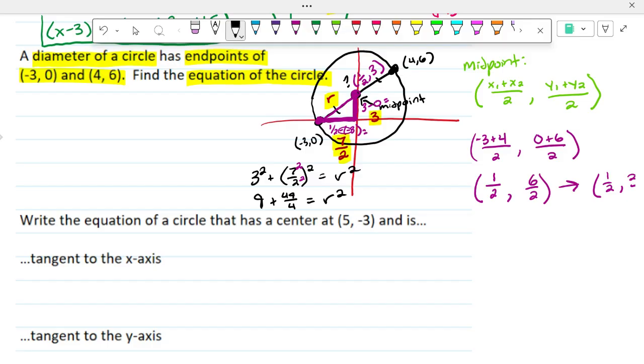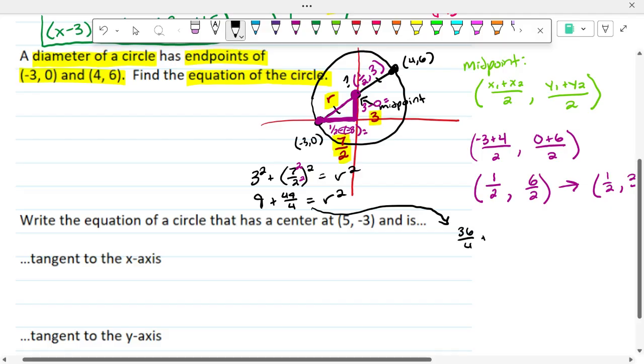So you could put this in your calculator, but I'm just going to do it by hand. If you change the fraction to common denominators, 9 in terms of fourths, you just think of whatever 9 times 4 is, so that's 36. The 36 over 4 plus 49 over 4 is equal to r squared.